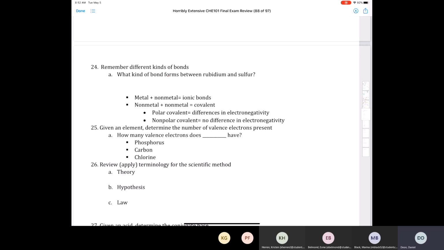Rubidium is element number 37, in group 1A. Therefore, rubidium is a metal. And what about sulfur? Sulfur is in the P block. Sulfur is element 16, and it is a non-metal.